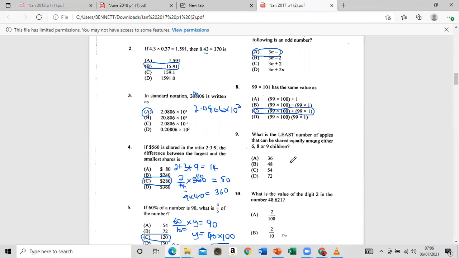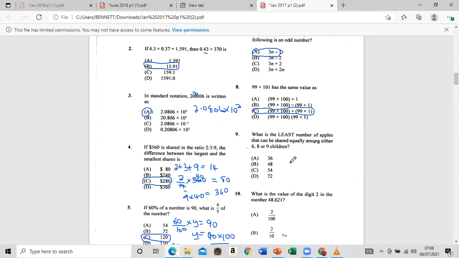Are you ready? What is the least number of apples that can be shared equally among 6, 8, or 9 children? We have to find the least number that all 3 can go into. So we can eliminate 36 because something can't go in. We can eliminate 48 because 9 can't go into 48.